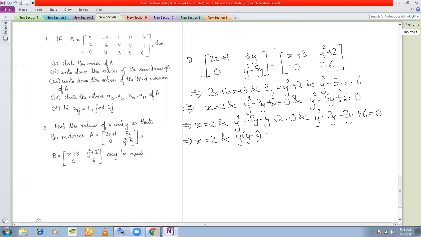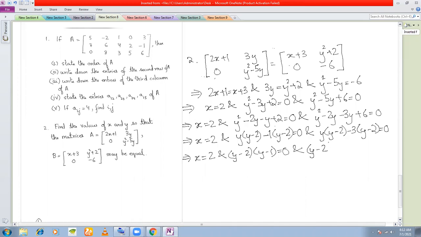You get y minus 2 minus 1 into y minus 2 is equal to 0. And here you can take y common. You get y minus 2 minus 3 into y minus 2 is equal to 0. So that means x is equal to 2 and y minus 2 into y minus 1 is equal to 0, and y minus 2 into y minus 3 is equal to 0.